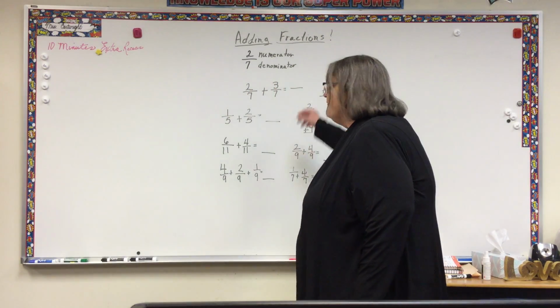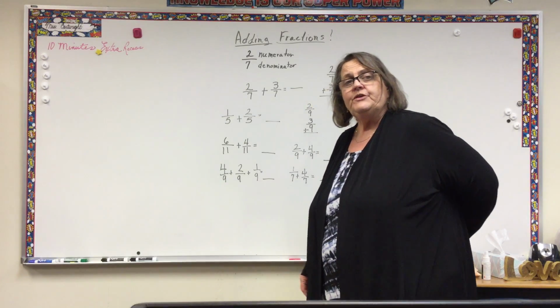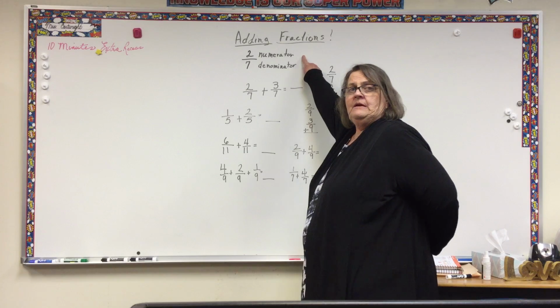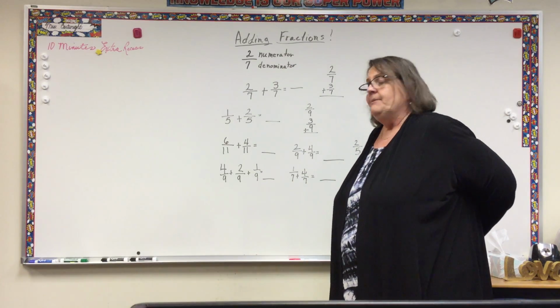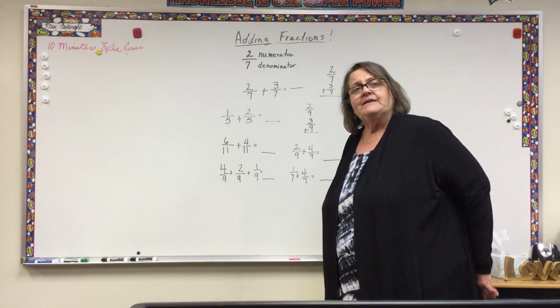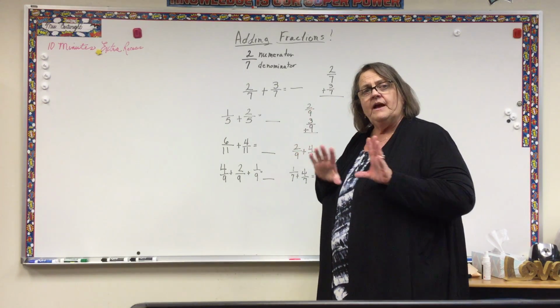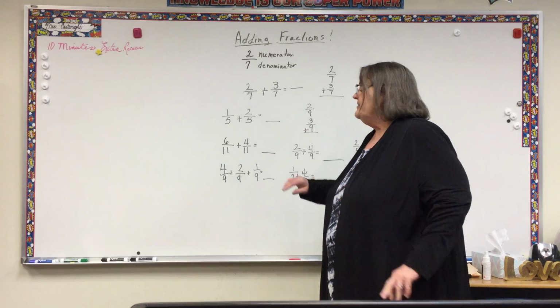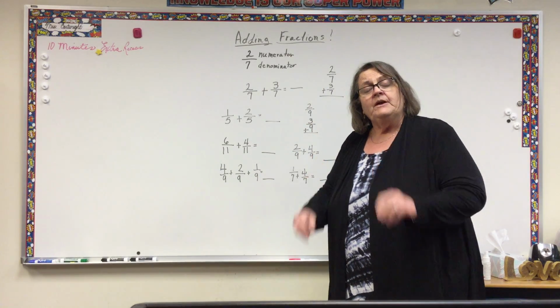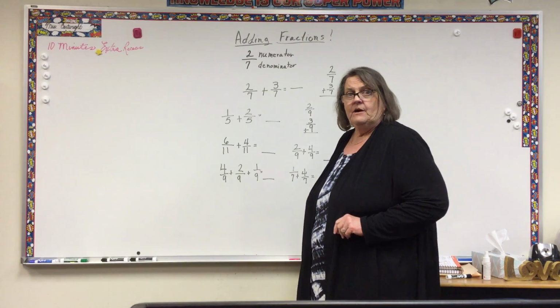I have adding fractions. I want to review with you that the top number is the numerator, okay? And the bottom number is the denominator. Remember, the denominator is how many pieces a whole is divided into, and the number on the top, the numerator, is the main number that we're talking about, okay?